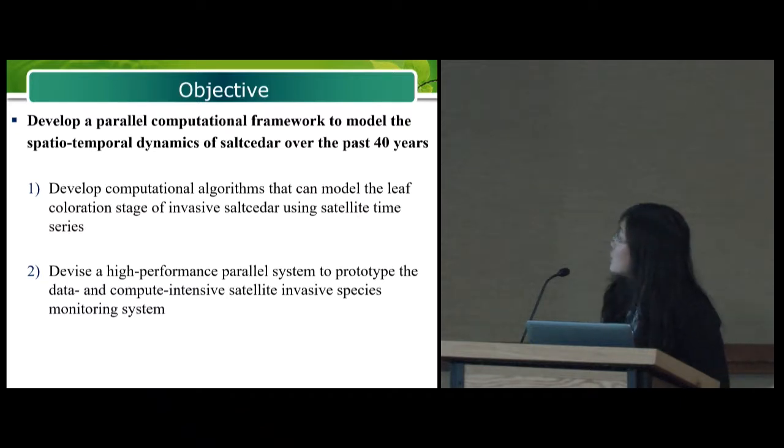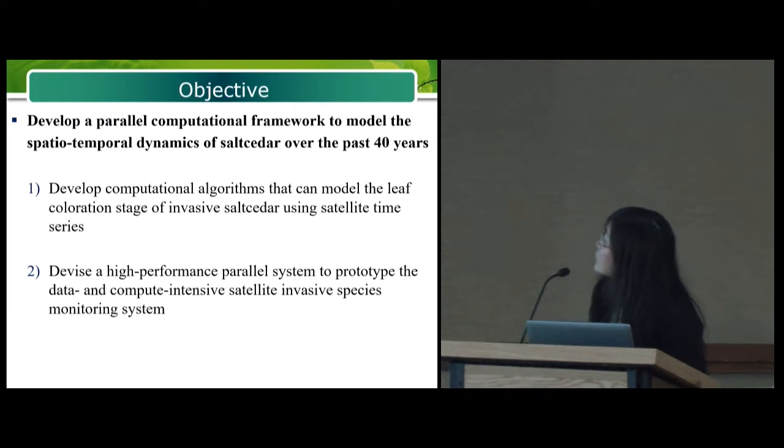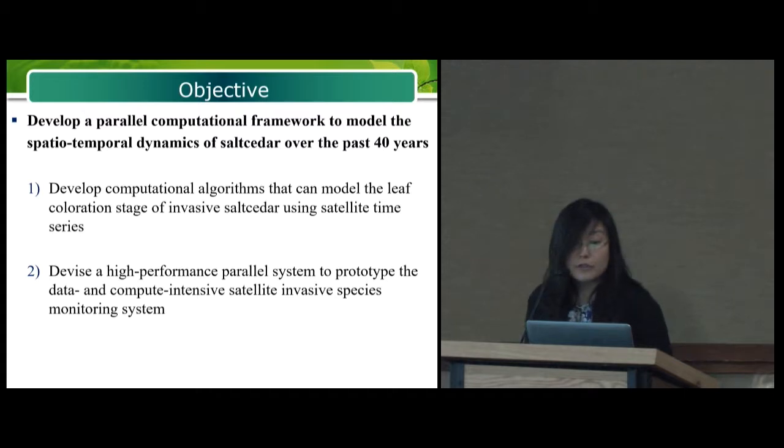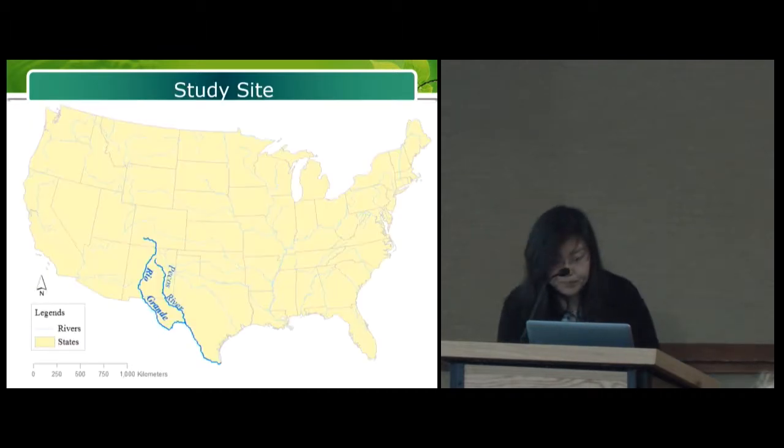So specifically, we will first develop the computational algorithms that can model the leaf coloration stage of invasive Saltcedar using the satellite time series. And after that, we will devise a high-performance parallel system to prototype this data- and compute-intensive satellite invasive species monitoring system.